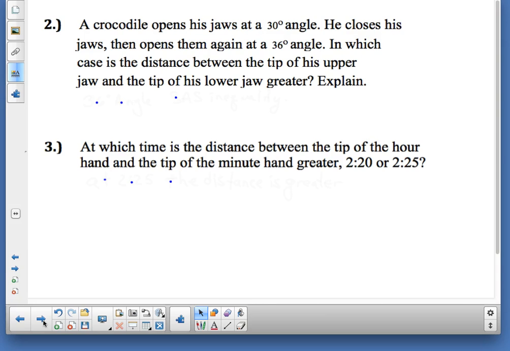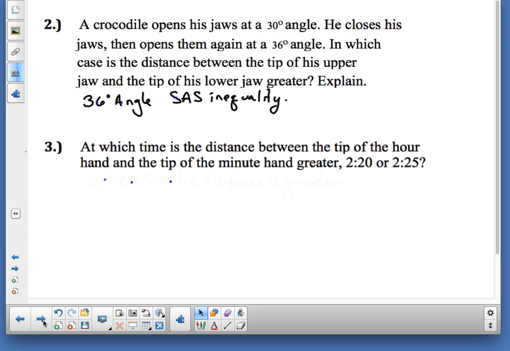In which case is the distance between the tip of the lower jaw and the tip of the upper jaw greater? AKA, which case had a wider mouth opening? Yeah, 36 degrees, bigger angle, opposite the bigger opening. That's it. Side-angle-side inequality.